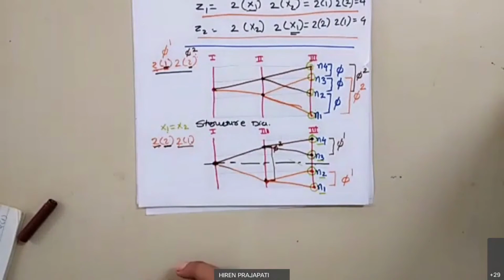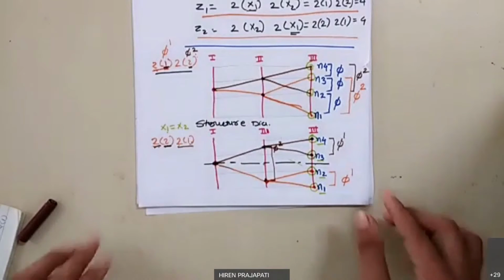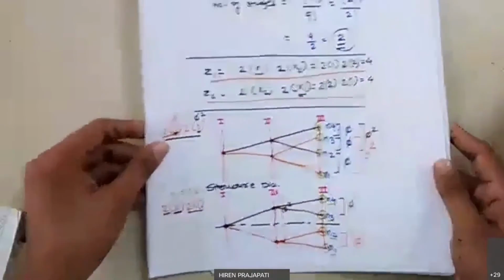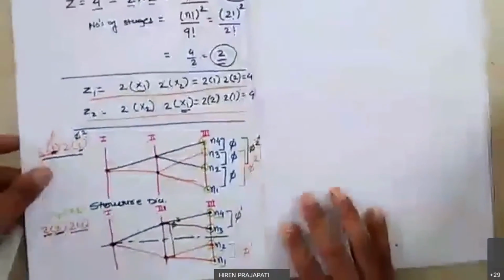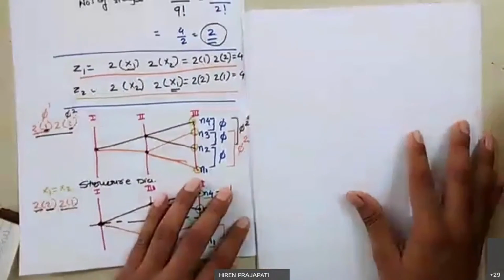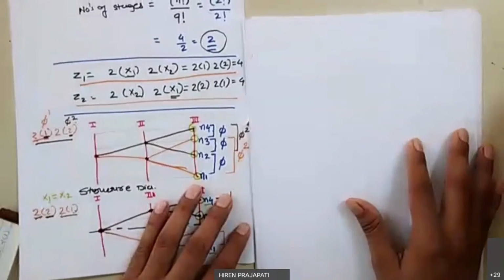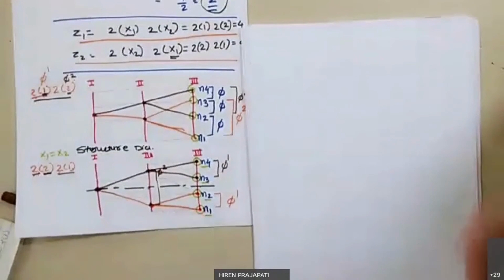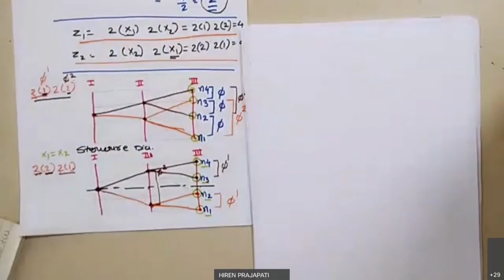Now let us draw the layout of the gearbox. To understand these structure diagrams, let us consider the layout of the gearbox. First we'll take this structure diagram.